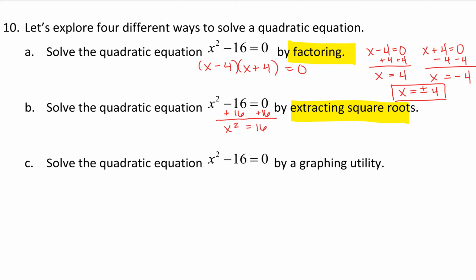Well, how do I get rid of an x squared? Well, I take the square root, so that I get x equals, remember, I don't know if it was a positive 4 that was squared or a negative 4 that was squared, so it's plus or minus 4.